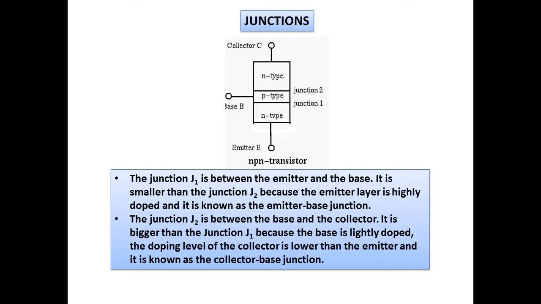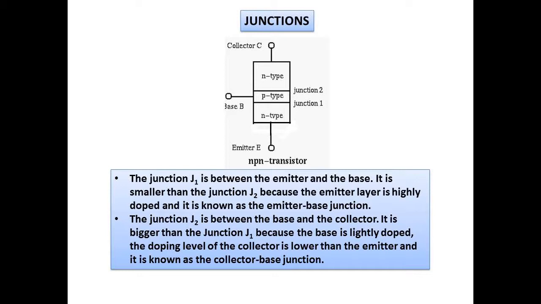Junctions. The junction J1 is between the emitter and the base. It is smaller than the junction J2 because the emitter layer is highly doped, and it is known as the emitter base junction. The junction J2 is between the base and the collector.